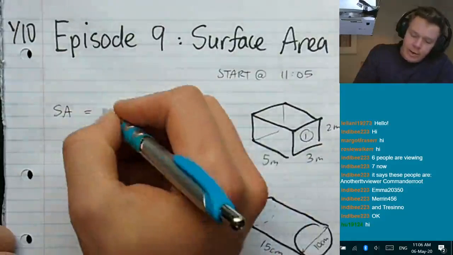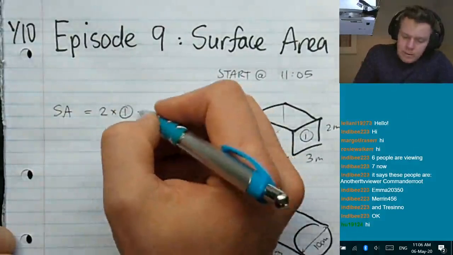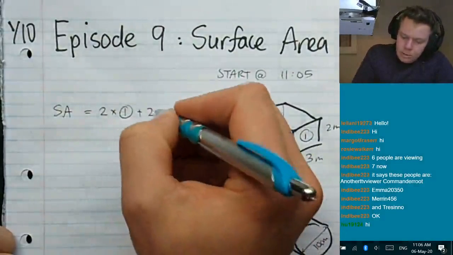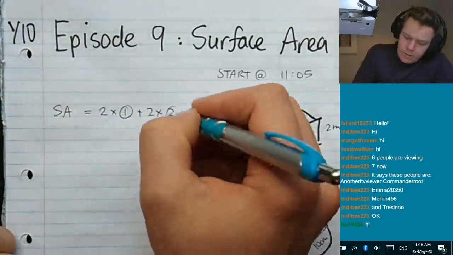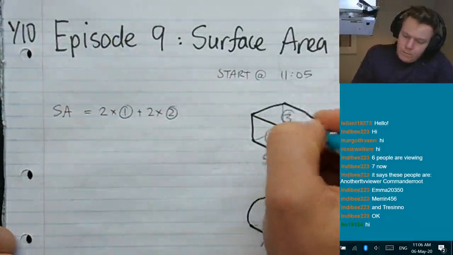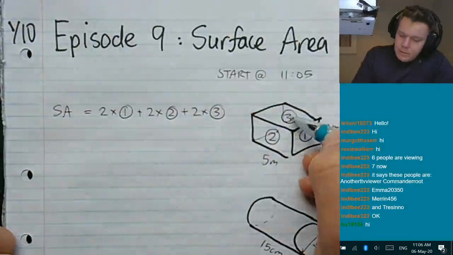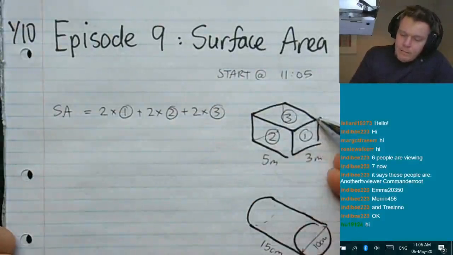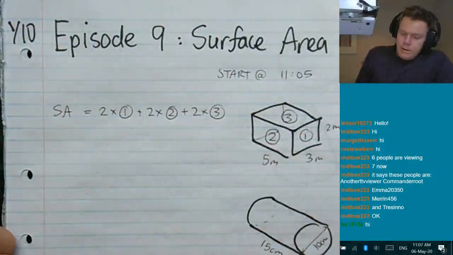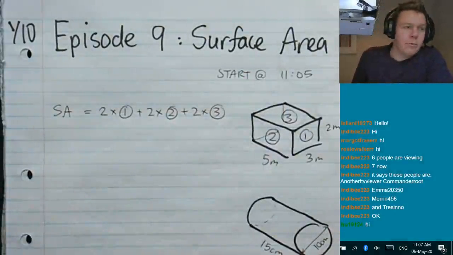So we're going to have 2 times side 1, plus 2 times side 2, plus 2 times side 3. There's a top and bottom, and a left side and a right side, and those will be the same area because we're dealing with a rectangle.